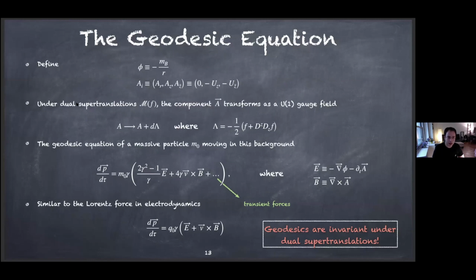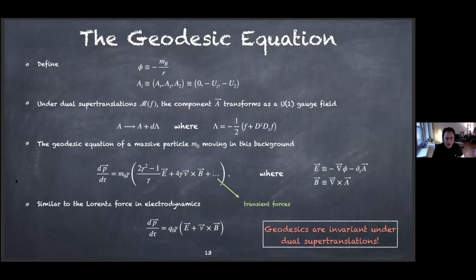In the post-Minkowski approximation, the geodesic equation takes a form very similar to the Lorentz force in electrodynamics. There are electric and magnetic forces with different coefficients that depend on the Lorentz factor gamma, defined in the same way as in electrodynamics using two potentials defined at the beginning of the slide.